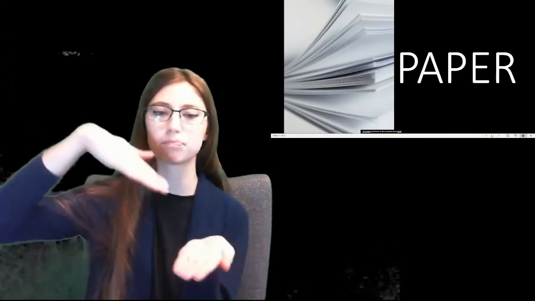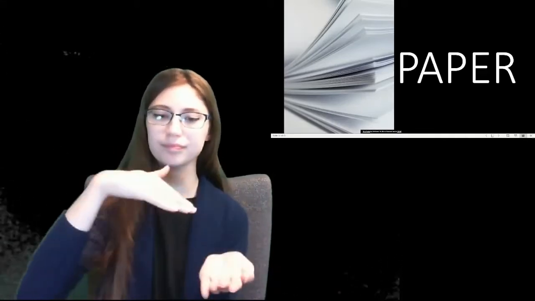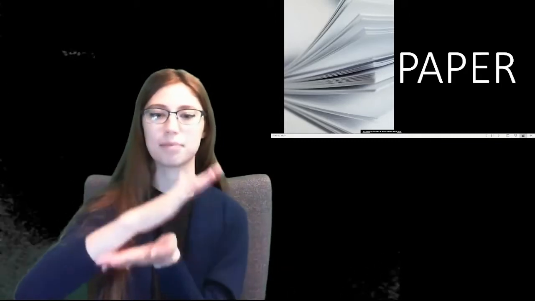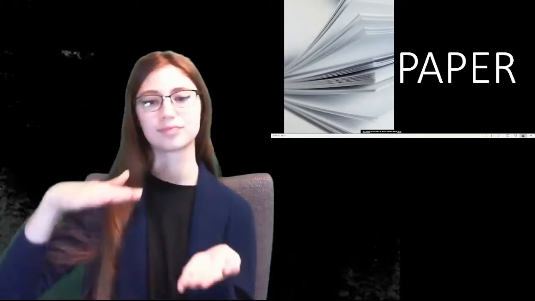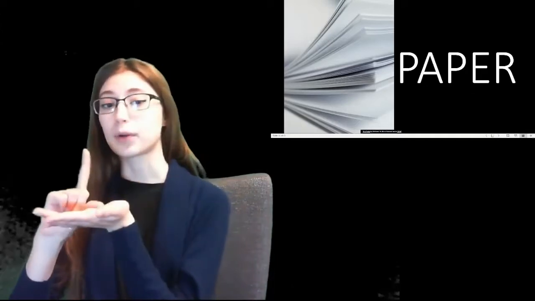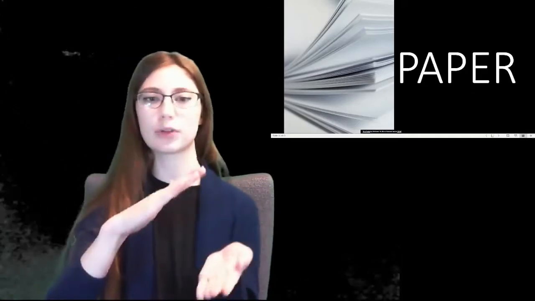You know, when you print something, it comes out like burp, burp. It's kind of similar to that. Paper. Note that this is not the sign for print, just for paper. Just an easy memory aid.